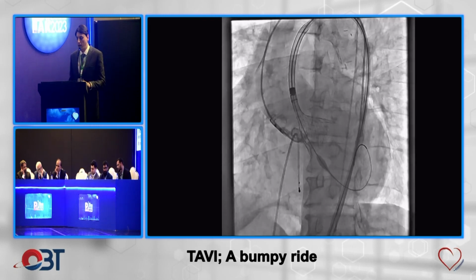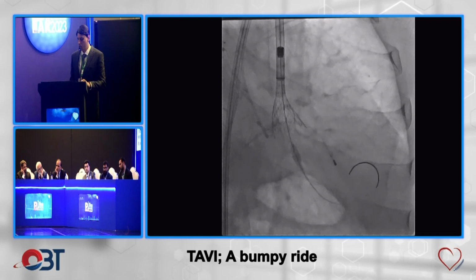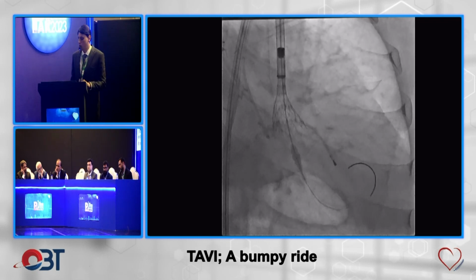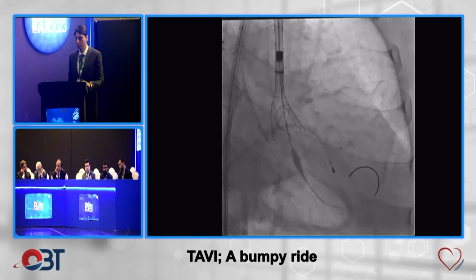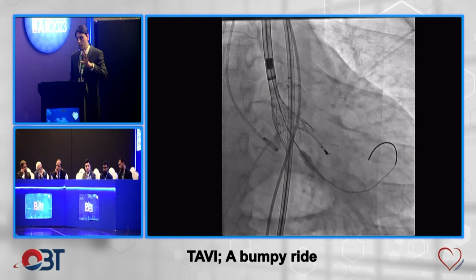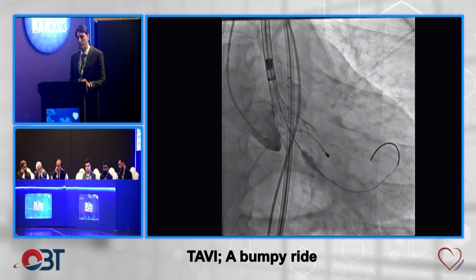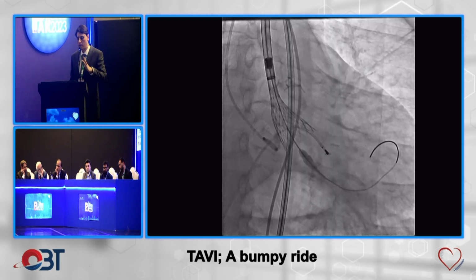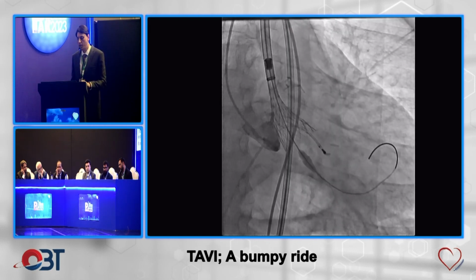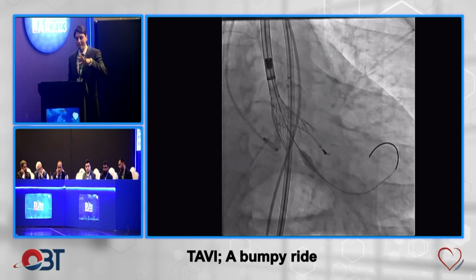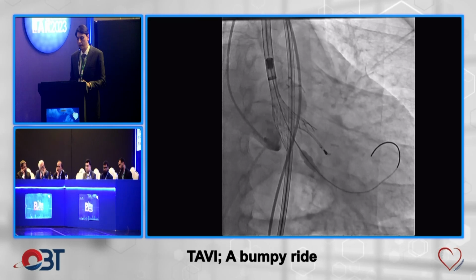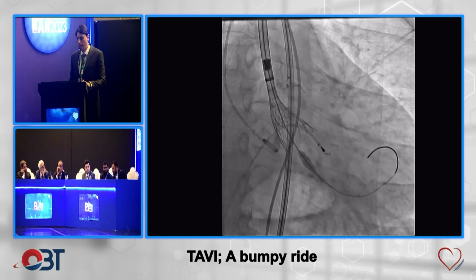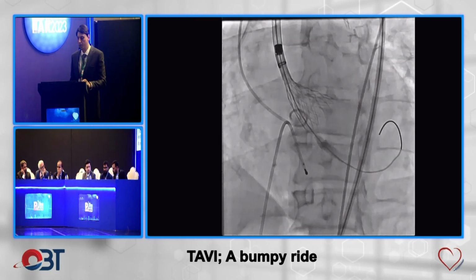Because it was a lower deployment, we recaptured it. The second deployment was a bit higher, and there was a risk of pop-up, so we recaptured it. This depth was okay for us, so we decided that we will go a little lower and deploy our valve a little lower, to prevent the pop-up.